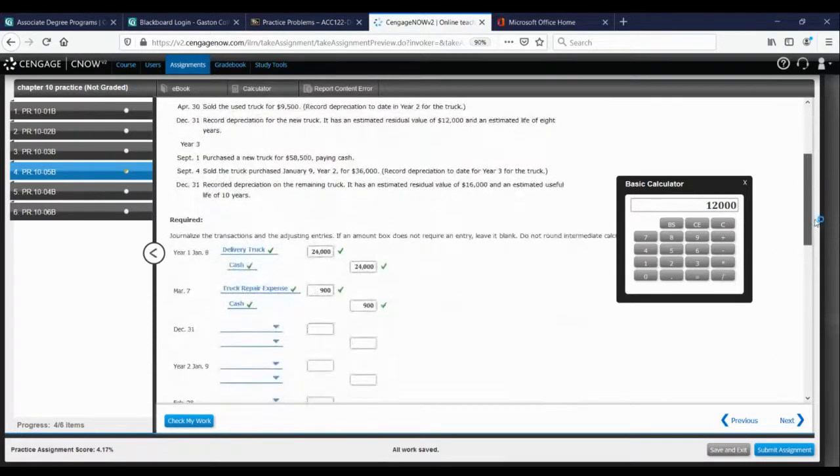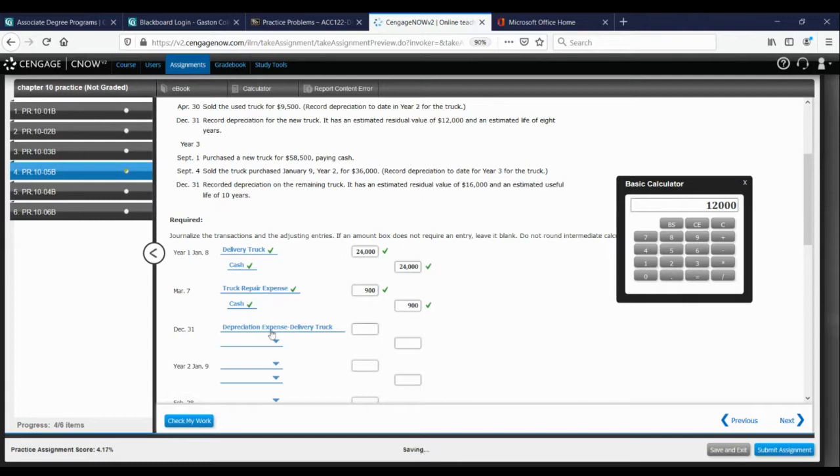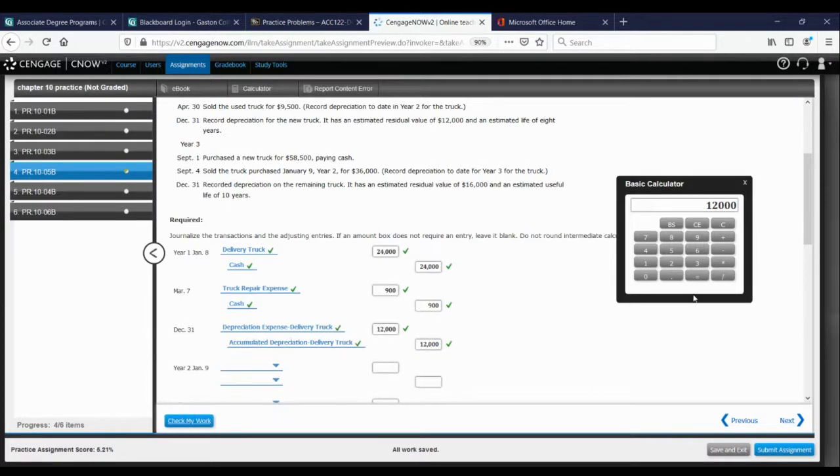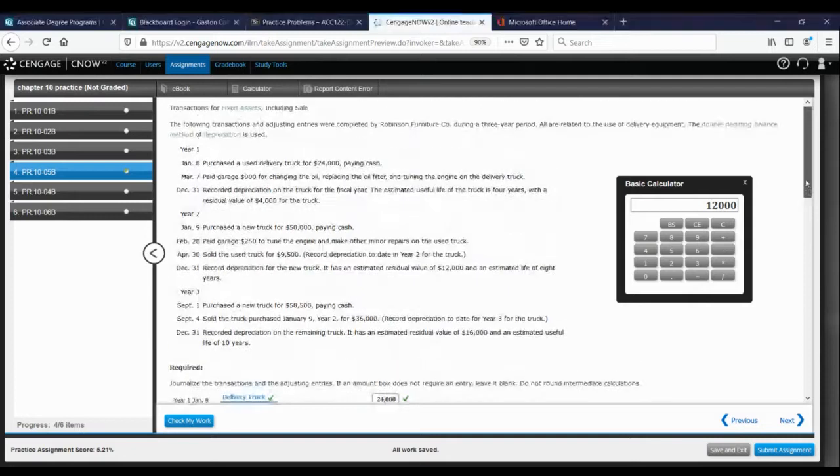It's the annual depreciation. The adjusting entry on December 31st is going to be a debit to depreciation expense for the delivery truck and a credit to our contra asset account, accumulated depreciation on the delivery truck. The amount is $12,000. And so that completes year one.